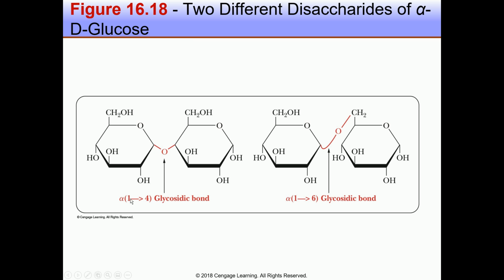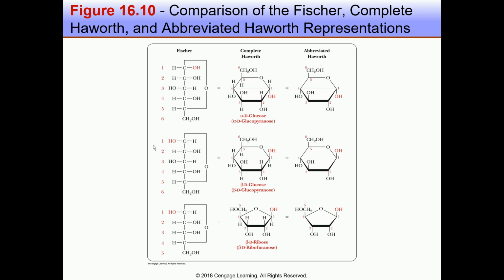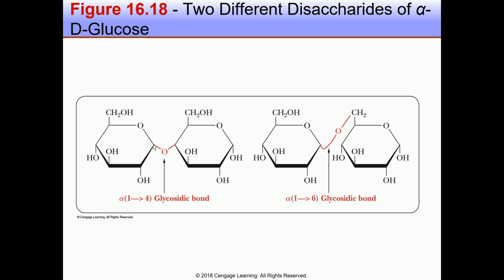So 1 to 4 means this is the carbon number 1 of this glucose, and this is the carbon number 1 of this glucose.